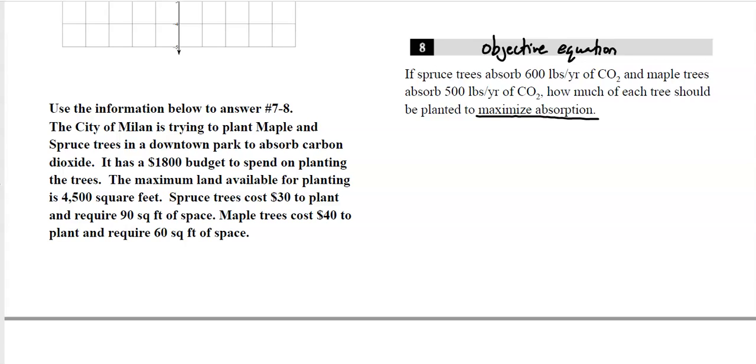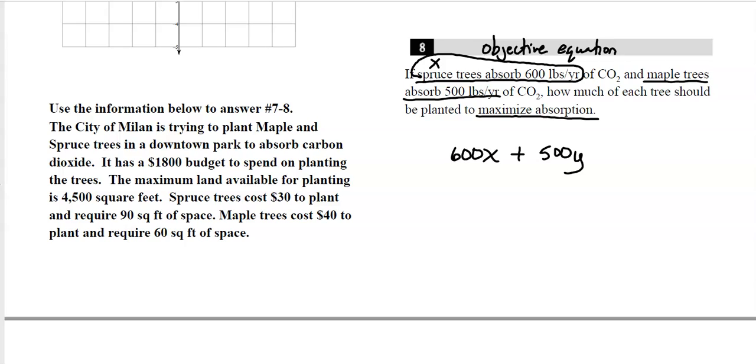Spruce trees, which is our x, absorb 600 pounds per year, so 600 times every spruce tree. And then maple is 500, so maples don't do quite as good a job. We don't have any other number, because we're trying to see who has the biggest absorption rate.